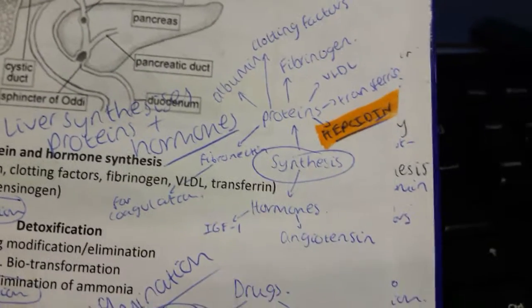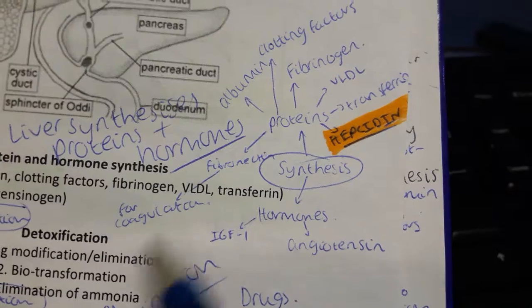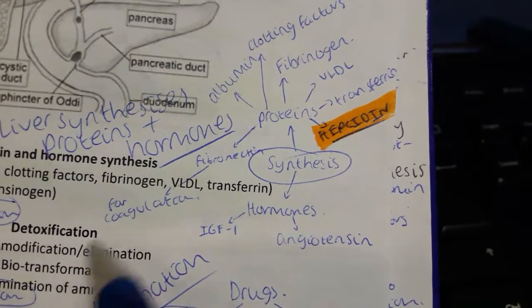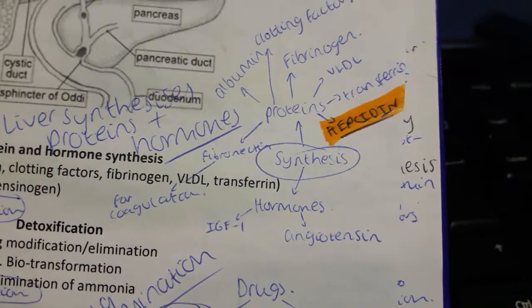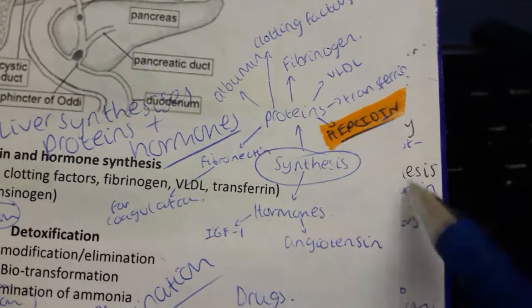So now that we've looked at the glucose function of the liver, the lipid function of the liver, and the synthesis of cholesterol, now let's look at some of the proteins and hormones it produces.